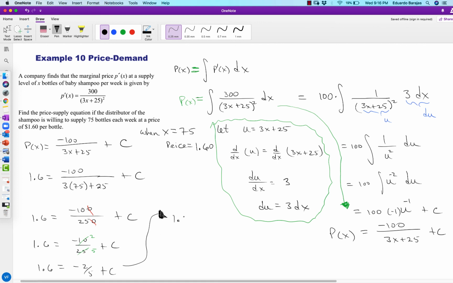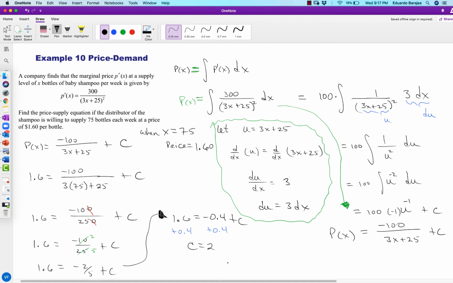So 1.6 equals negative 0.4 plus c, since 2/5 is 0.4. And now if we add 0.4 to both sides, we get 2. So 2 equals c. So c equals 2.